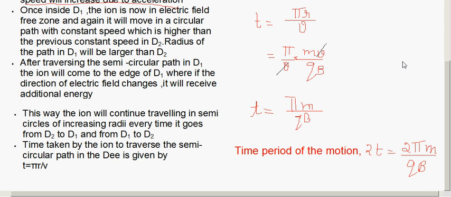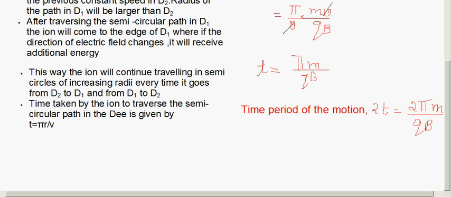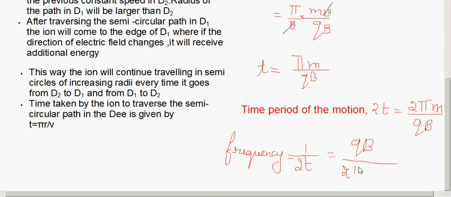The frequency of this motion is equal to 1 divided by 2t, or 1 by capital T, which is equal to qB divided by 2 pi m.